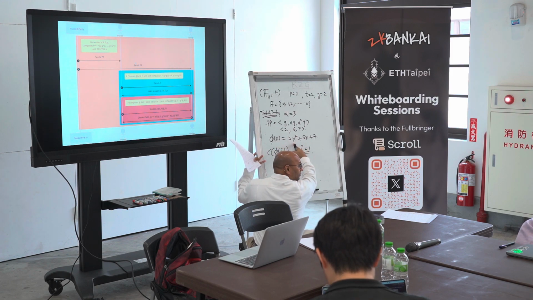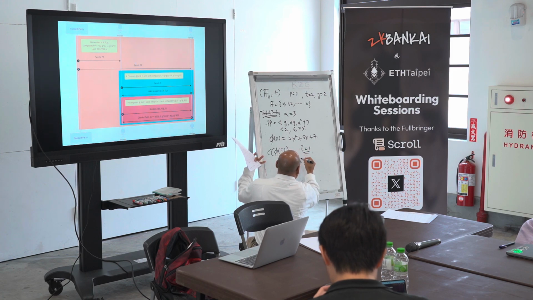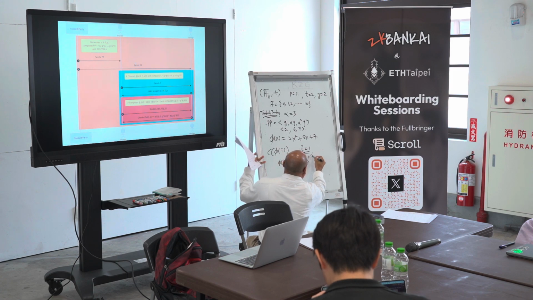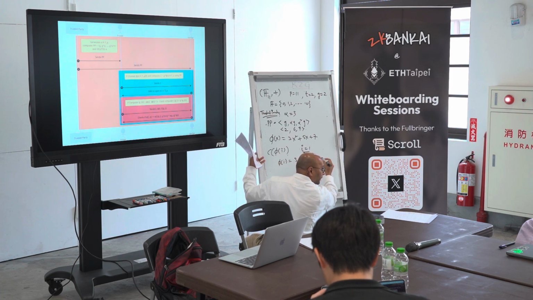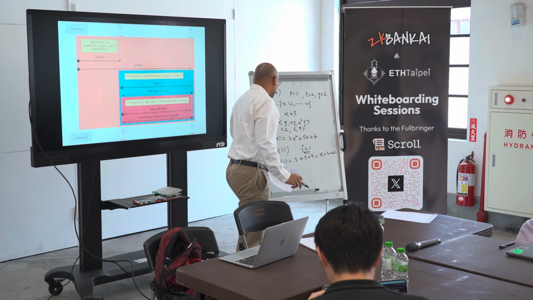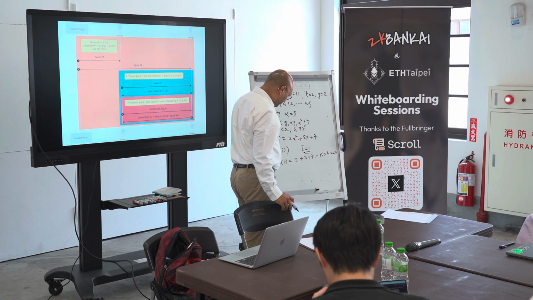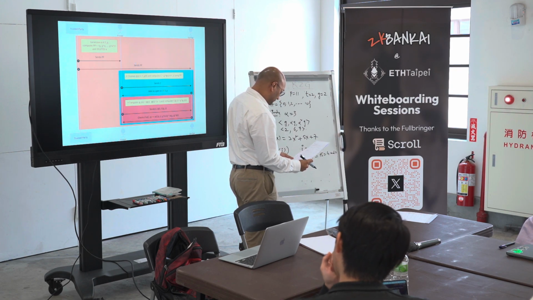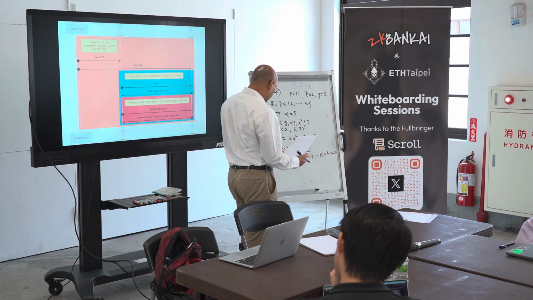So 3 times 1, 8 is 15, so 15, right? So the value of the polynomial is 1.